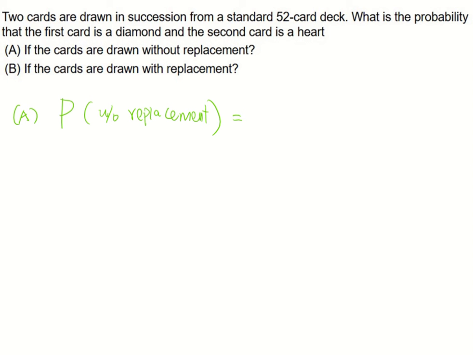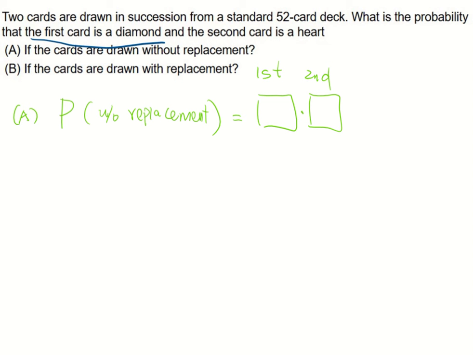So here we have two cards. And the probability of the first card times the probability of that second card is equal to the probability we're looking for. Okay, so first let's find out the probability that the first card is a diamond.